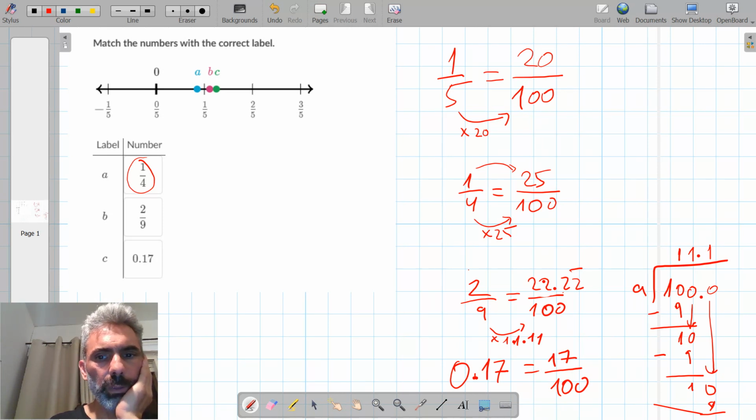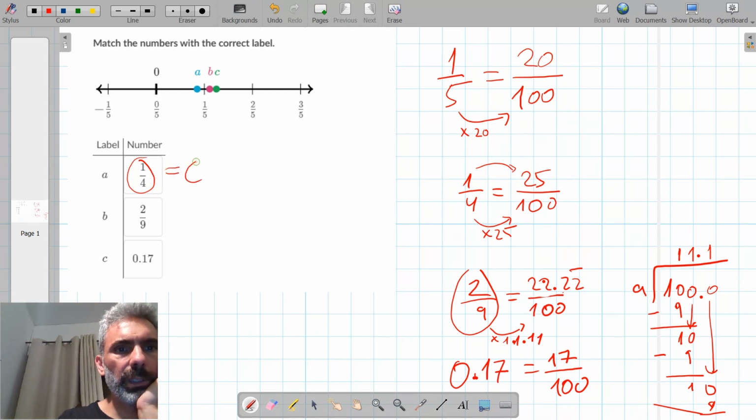So 1/4 and 2/9 are greater than 1/5. But 1/4 is greater than 2/9.